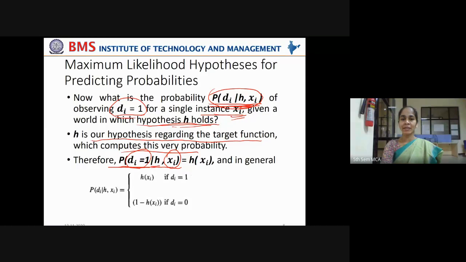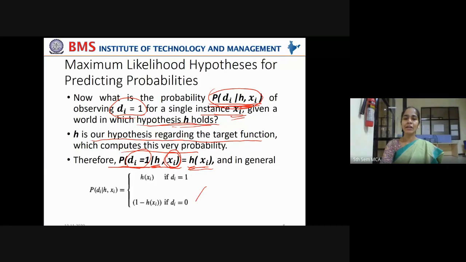What is the probability of the training instance xi, given this hypothesis, some statement about the disease, that the patient survives? Di equal to 1. That is nothing but h of xi. If he is surviving, it is according to the hypothesis, right? This xi is according to this hypothesis h. So simply you can represent it as h of xi.